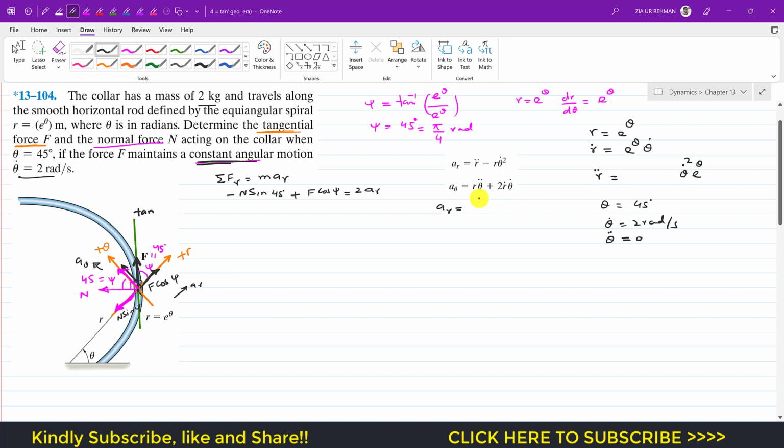So now AR is r double dot, so r double dot is theta dot square e to the power theta minus r, where r is e to the power theta into theta dot square. These two terms are similar, so they will cancel out. So we get AR equals 0. There is no acceleration in the radial direction.